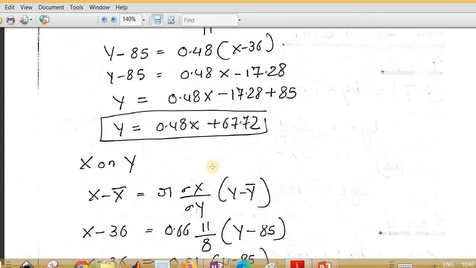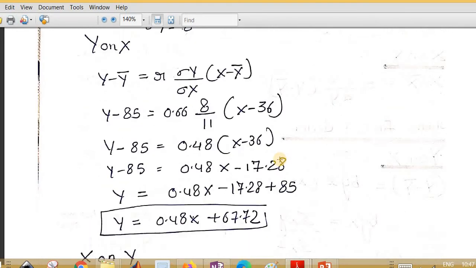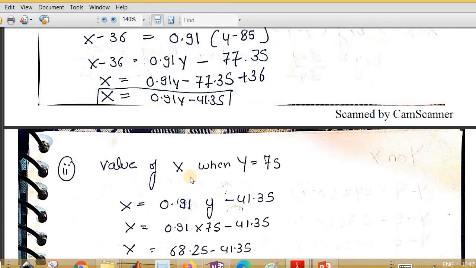Now another thing: estimate the value of x when y equals 75 and that of y when x equals 73.3. So students, for the value of x when y equals 75, we have x equals 0.91y minus 41.35.